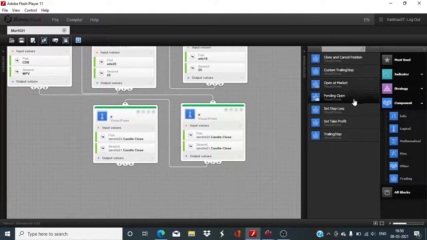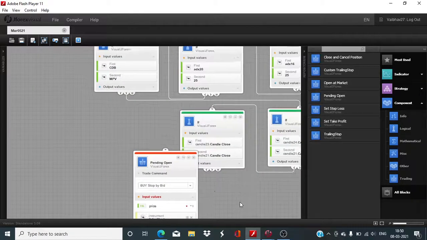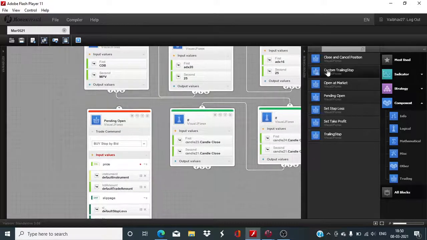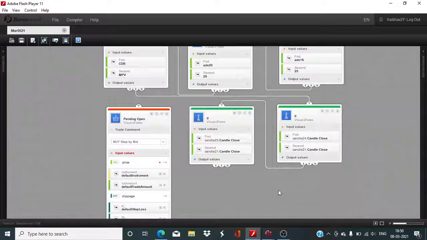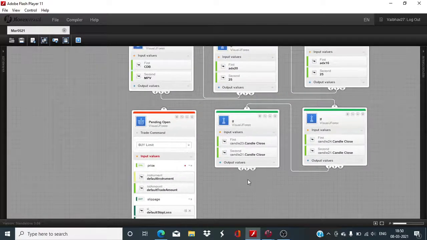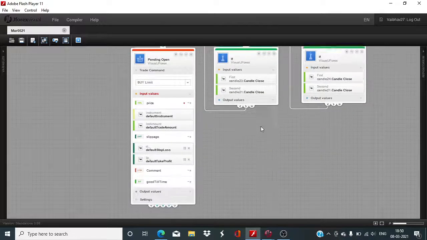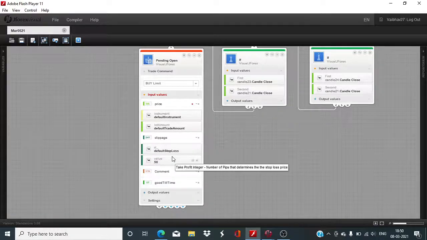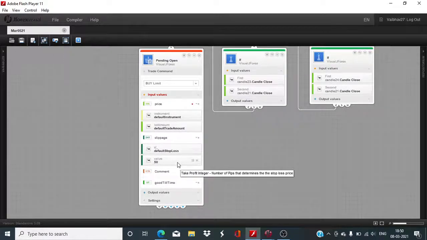Now we need pending open. So here this is going to be buy limit, and this time around I will also define the price, and also we will go with the dynamic stop loss and take profit.